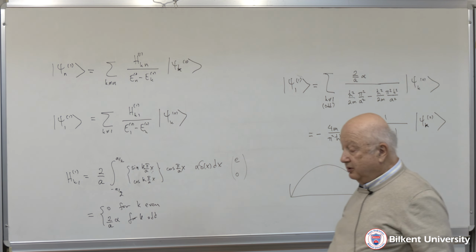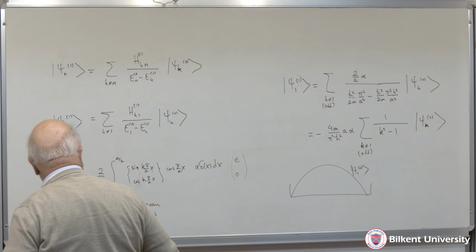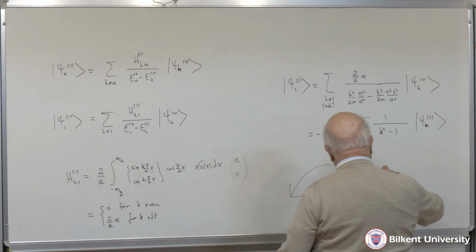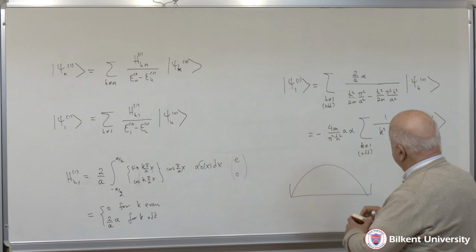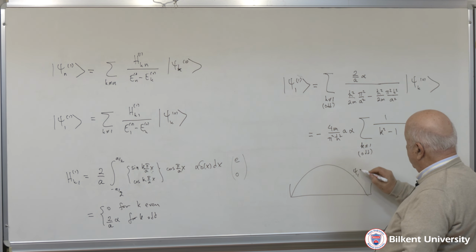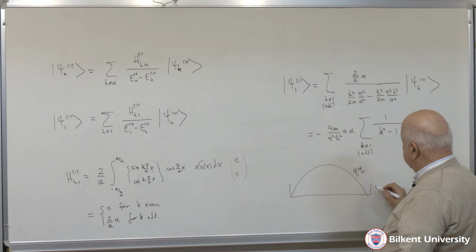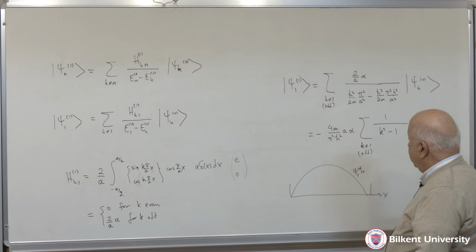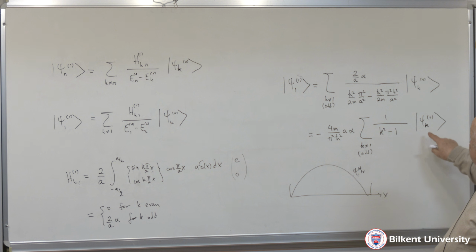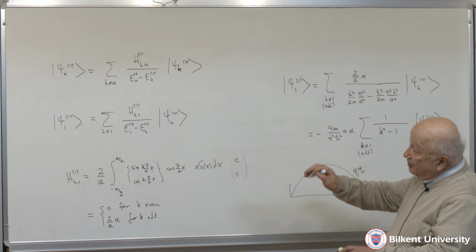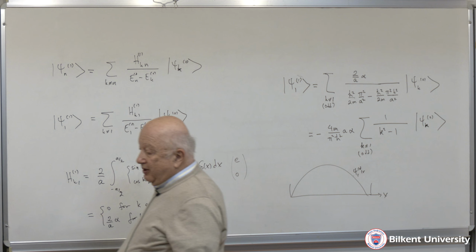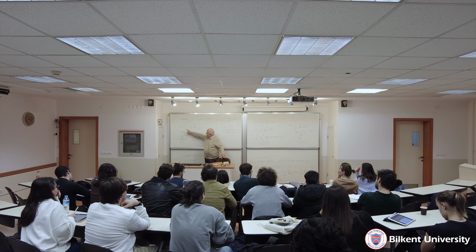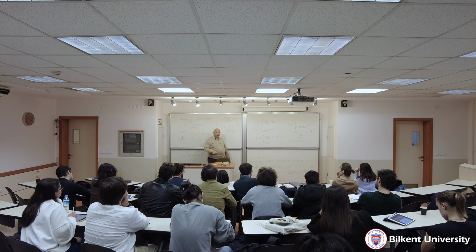In fact, let me just write it as a function rather than a ket vector: psi 1,0 of x. Now, there will be contributions only from odd k's, so it will try to approximate this as much as it can in the first order.